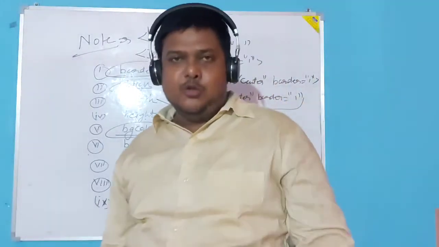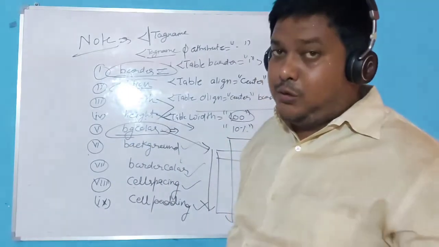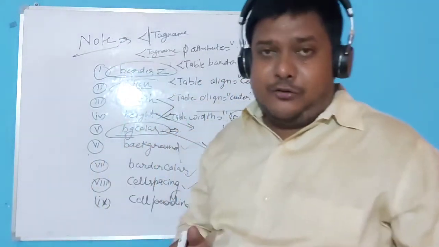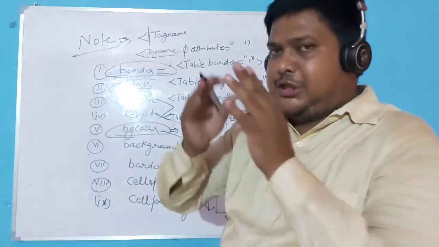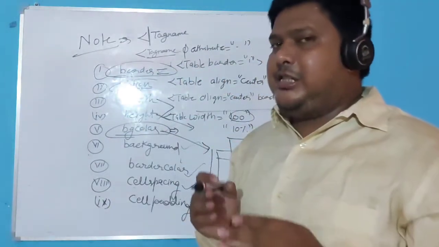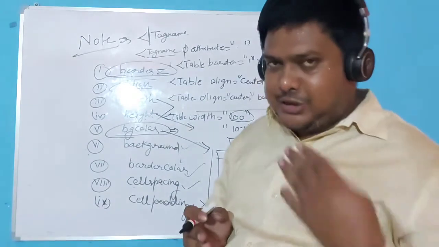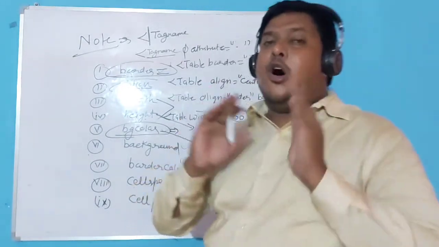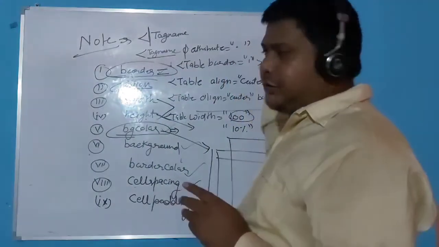If we are using a numeric value, we do not need the quotes. But if some attributes have a string value and some have an integer value, then for all we will use double quotes.